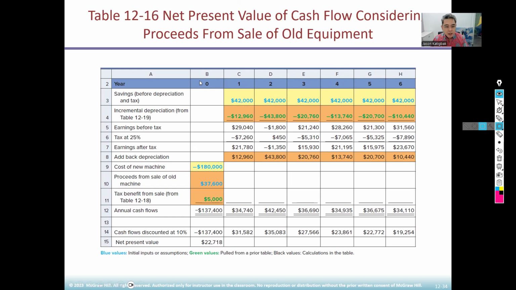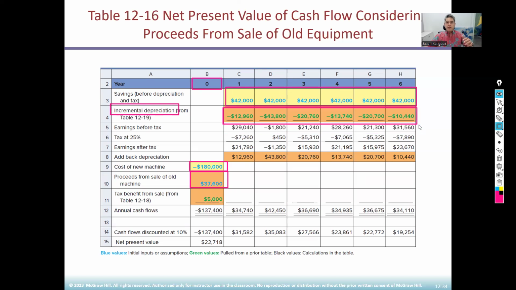We're in year zero. I have the 180 negative cash outflow. This is an assumption. Proceeds from the old equipment is 37,600. Proceeds means that you're selling it, so it's cash inflow. It should be positive. And then here is the savings before depreciation. We have a new incremental depreciation. Why incremental?